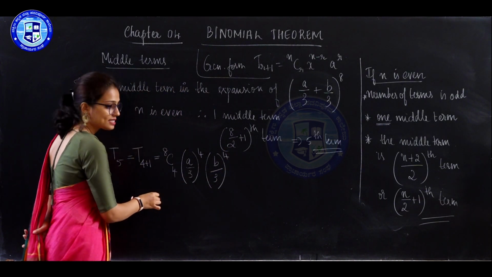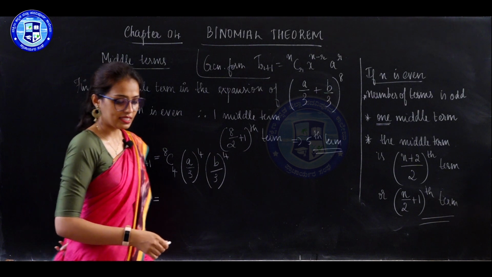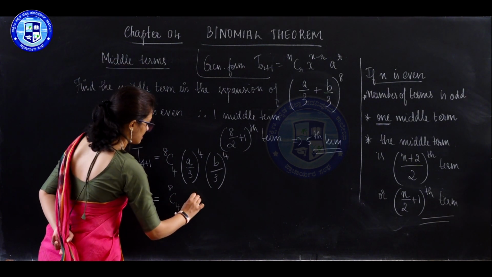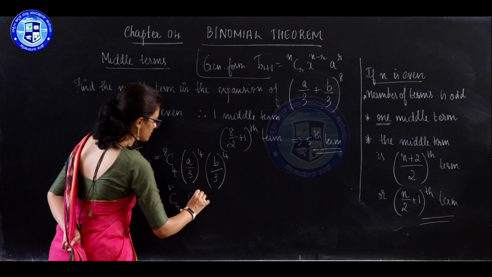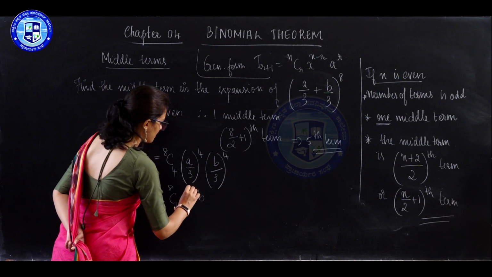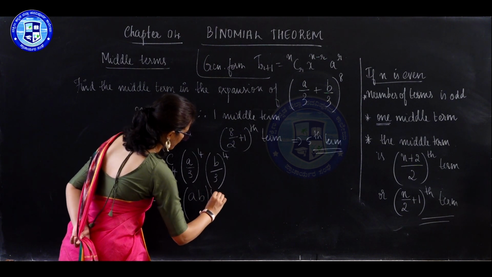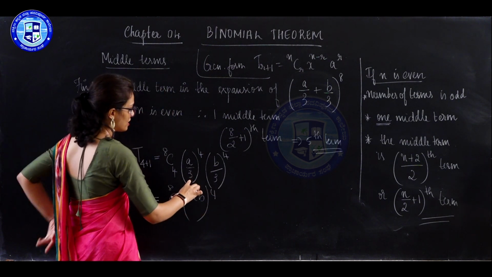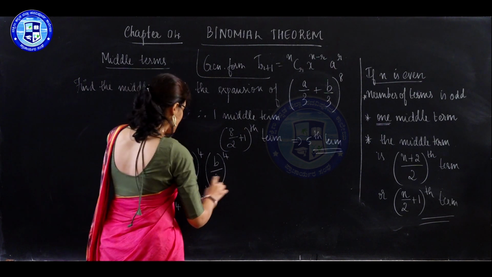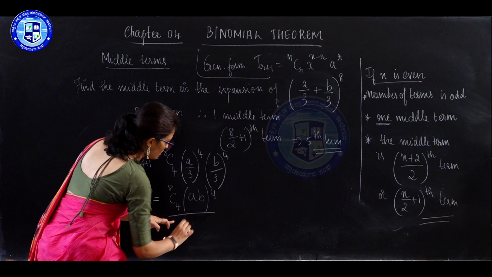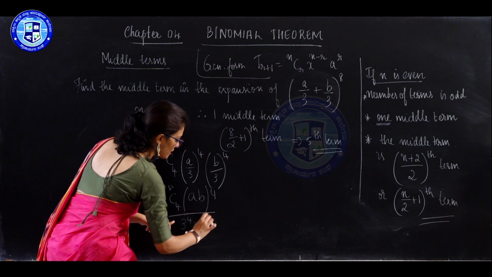Okay. So let us calculate this. We will get 8C4. This is a to the power 4, b to the power 4. We can write this as ab to the power 4. Now what will happen here? The denominator we have 3 to the power 4 into 3 to the power 4.